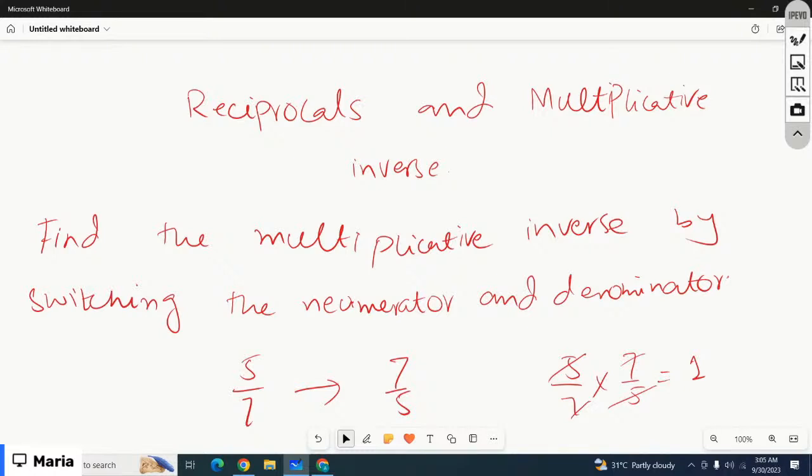Now we're going to see what is the reciprocal, right? You can note down the definition of the reciprocal.